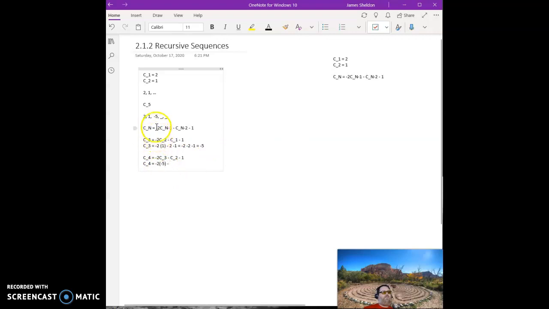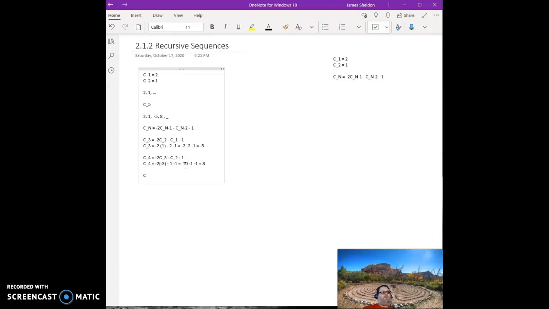C sub 2 is still just 1, so we'll subtract 1 and then subtract 1, and that gives us -2 times -5 is 10, minus 1 equals 8. So now we know that the fourth term in the sequence is 8.